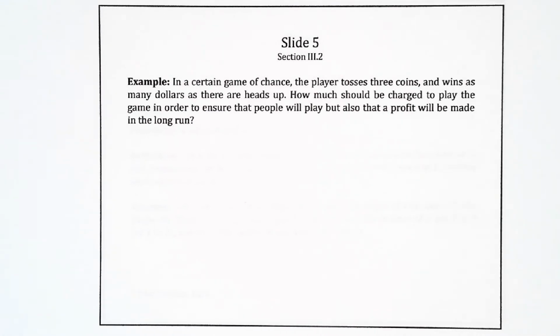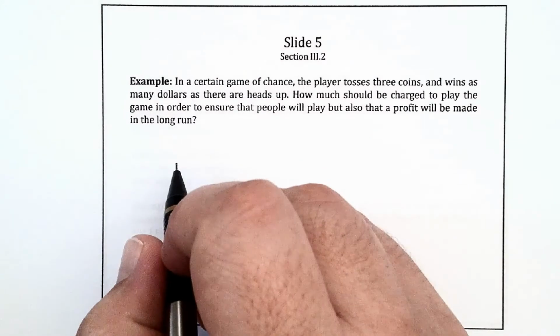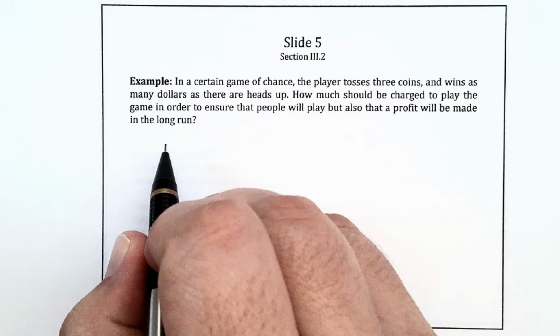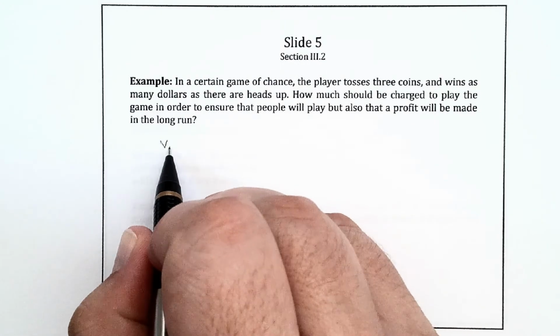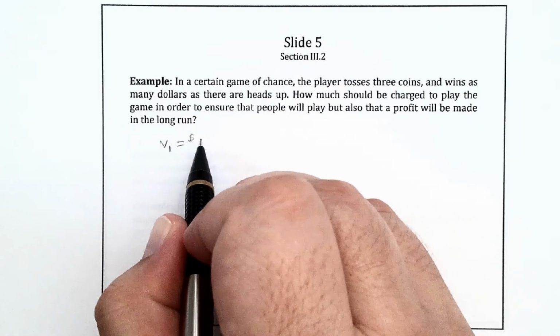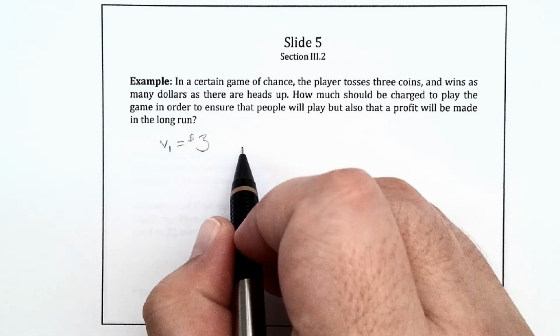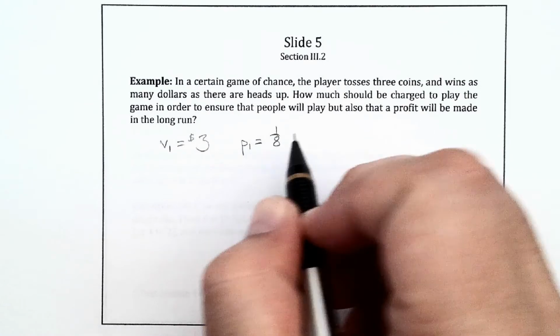So first of all, let's figure out the expected value for the winnings. Okay, there's 4 possibilities here. You could have 3 heads up, 2 heads up, 1 heads up, 0 heads up. So you have 4 values. You could win $3, so we'll call that value 1. And the probability of that happening is 1 out of 8.